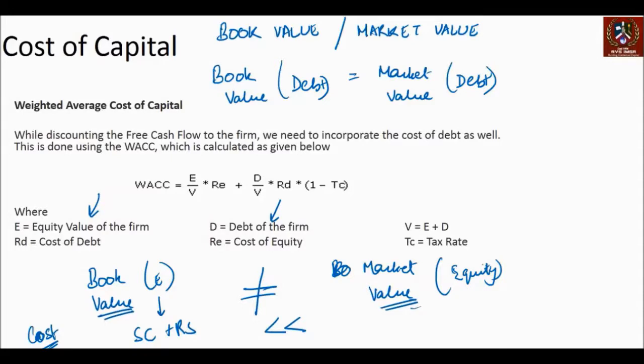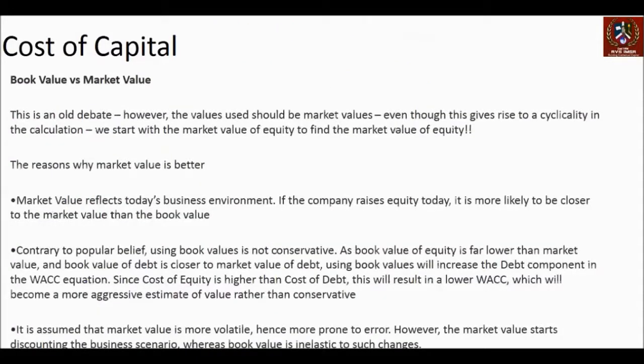And so most of the times it makes sense to use the market value, right? Now, the reasons why market value is better: one, it reflects today's business environment. If the company raises equity today, it is more likely to do that at market value than at book value, right? So that's why we should use market value.